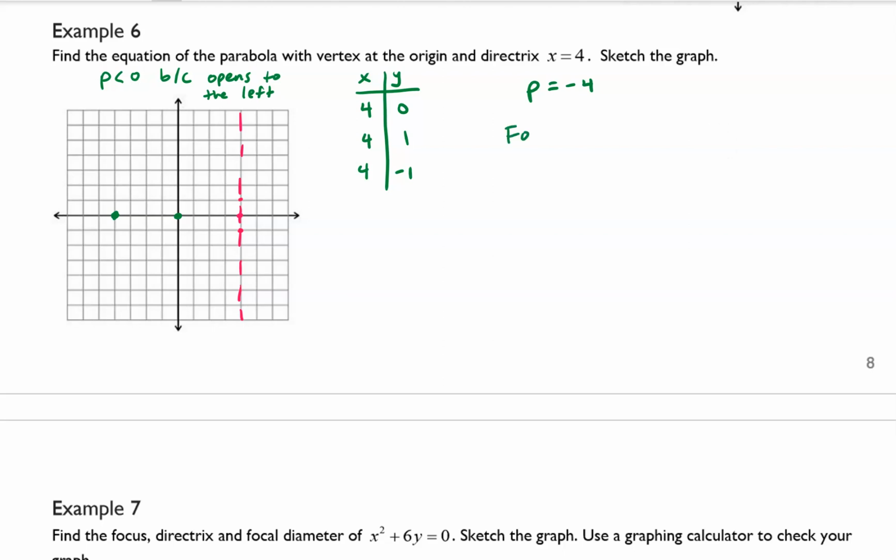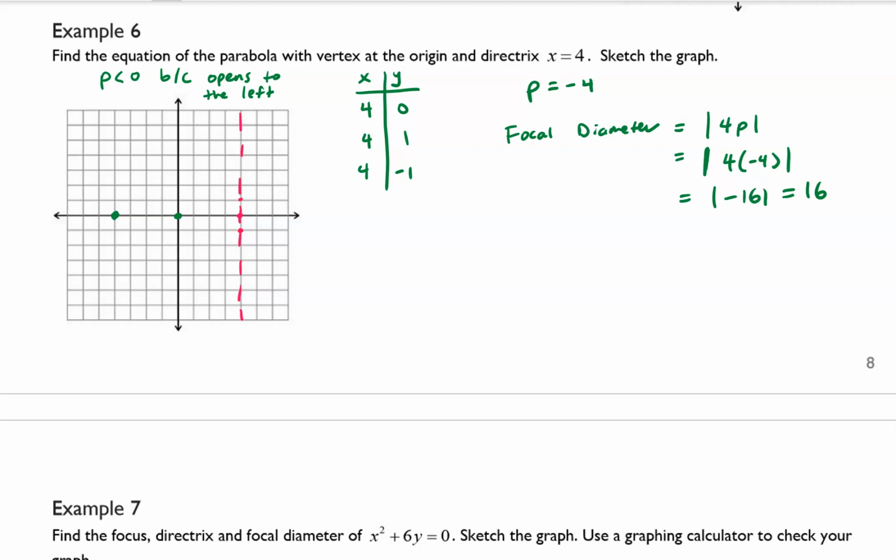So now we can do the focal diameter. We remember earlier that that was equal to the absolute value of 4 times p, which in this case is the absolute value of 4 times negative 4, which is the absolute value of negative 16, which equals 16. That means that if we start at the focus, we want to go both up 8 units and down 8 units.